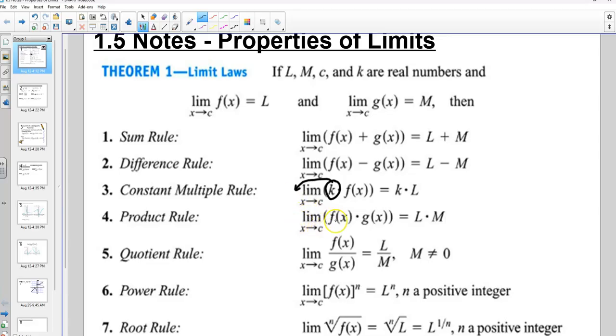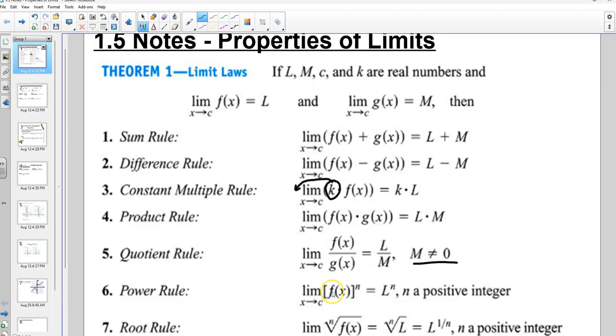If you're doing the limit of f of x times g of x, your answer is going to be L times M, the limit of the first one times the limit of the second one. Same thing is true for division, except they do give us this exception right here: M cannot equal 0. Why is that? Can't divide by 0, that would be undefined, right? So they have to put that condition there. So unless you're getting a 0 for that limit for your g of x, you can just divide.